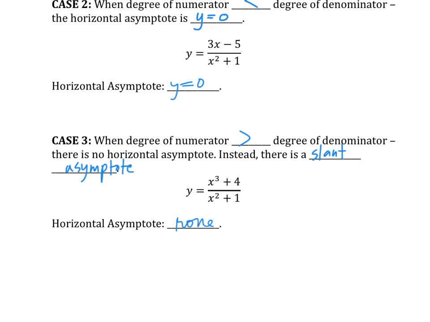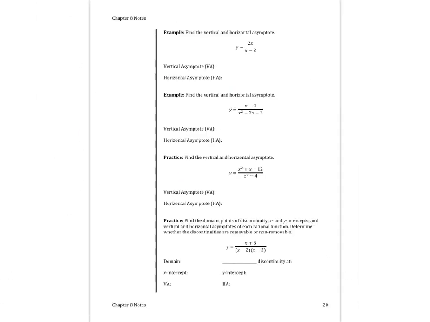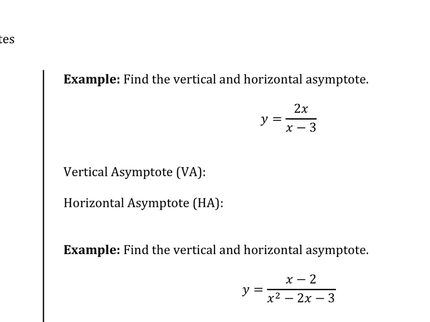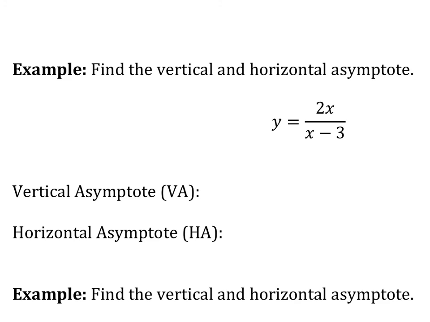Okay, let's apply. Find the vertical and horizontal asymptote. The vertical asymptote is the problem in the denominator when it does not cancel. So where is the vertical asymptote? x equals 3.